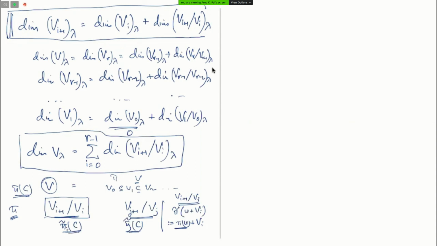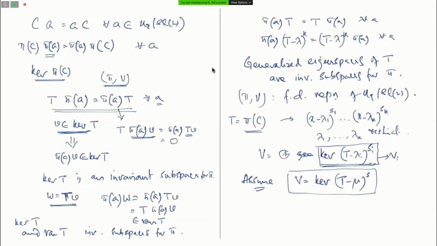And how does pi c look on V? V is invariant. Not just invariant. On V you have this, T minus mu.